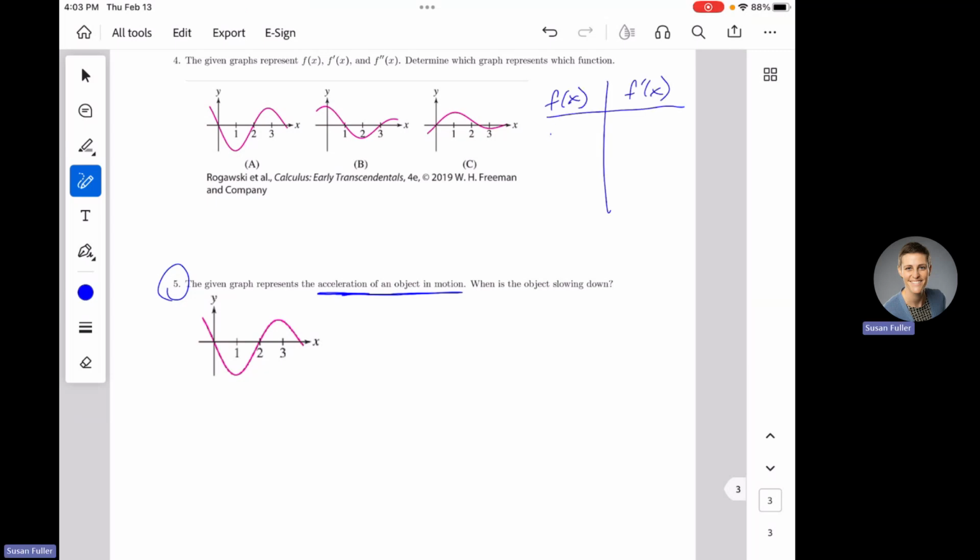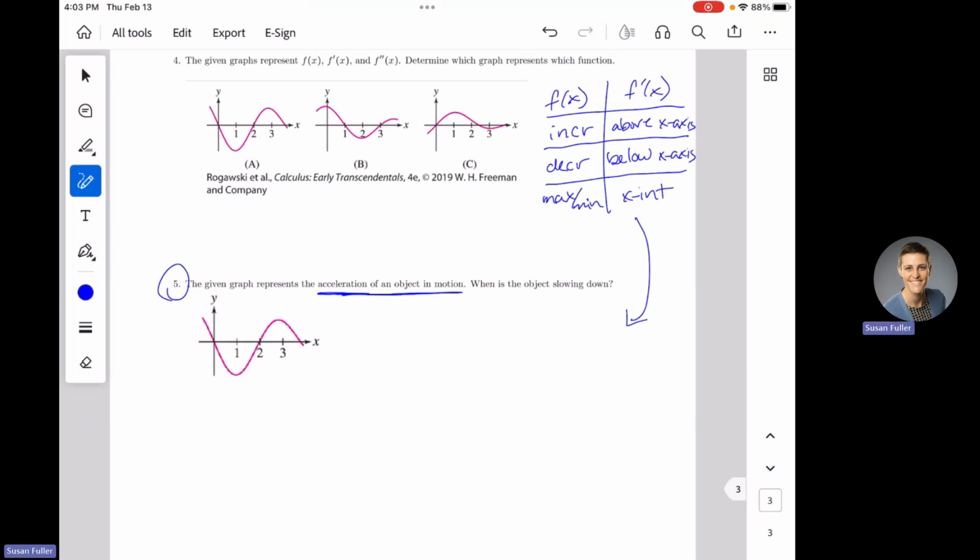If our original is increasing, that means my derivative is above the x-axis. If my original is decreasing, then my f prime, my derivative, is below the x-axis. And if I'm at a max or min, a turning point, that means I have an x-intercept on my derivative. We're going to use these ideas down here.